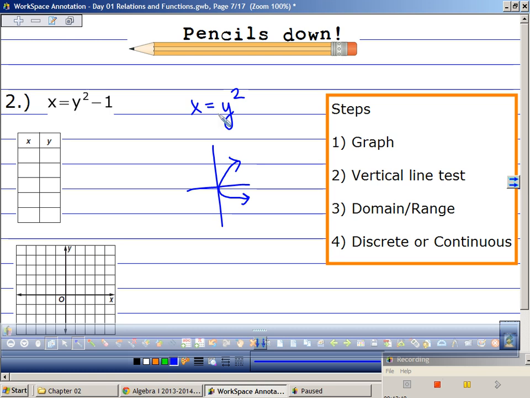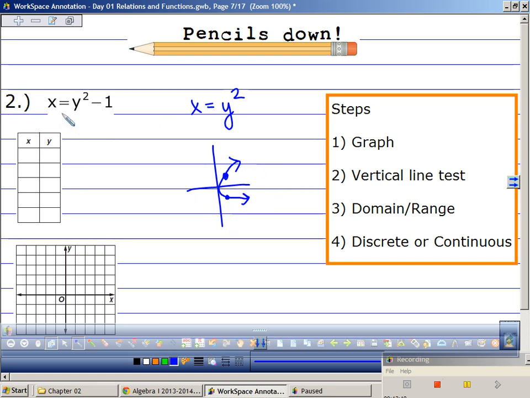Which makes sense because if I put in a negative 1, I'm going to get 1. If I put in a positive 1, I'm going to get 1. So your symmetry now is with respect to the y-axis instead of the x-axis.